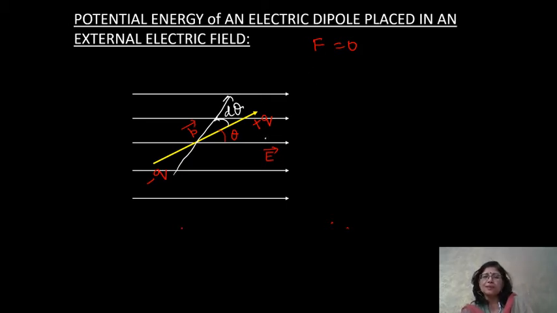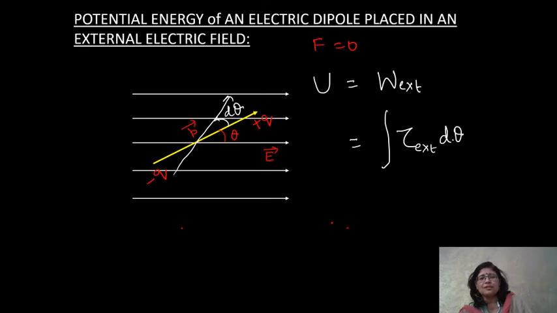Now, what will be the potential energy stored in the dipole? That will be equal to the work done by the external agency. And what is the work done by the external agency? That is torque external and angular displacement.